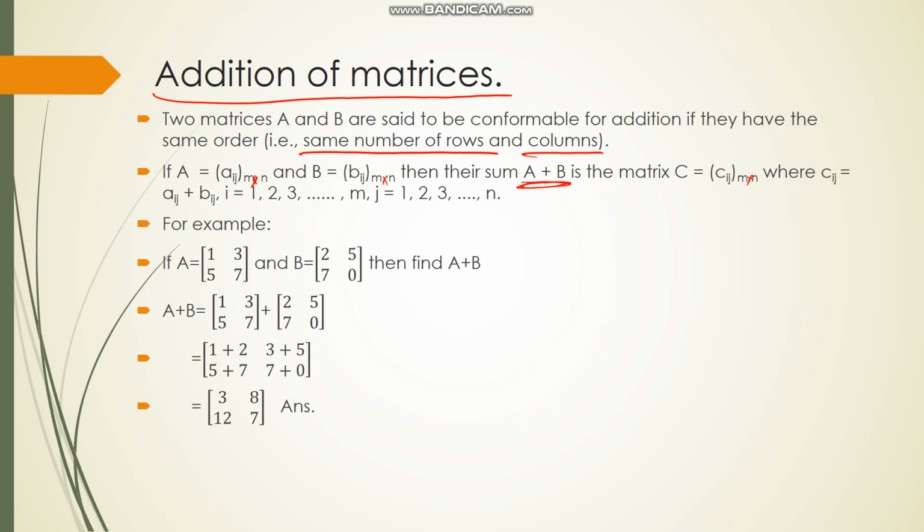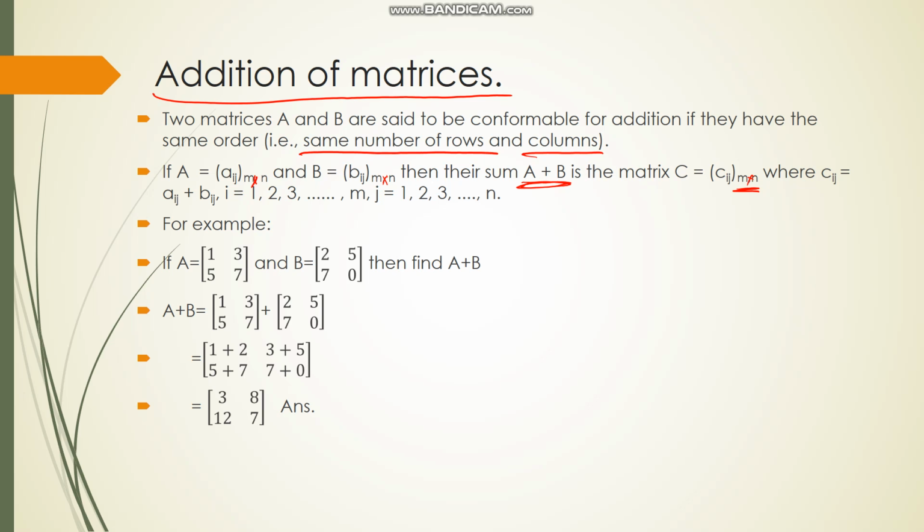If we add the matrices A and B, again we will get a matrix of the same order, where Cij is equal to Aij plus Bij. We have to take the same position respective element from both the given matrices.